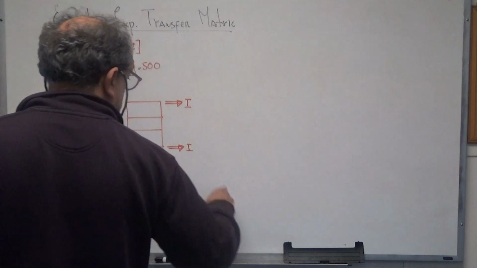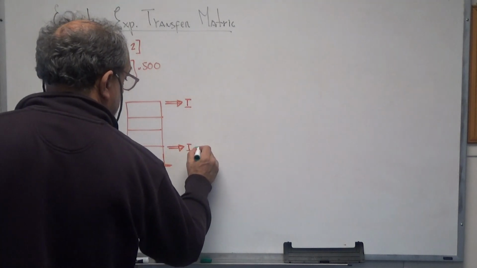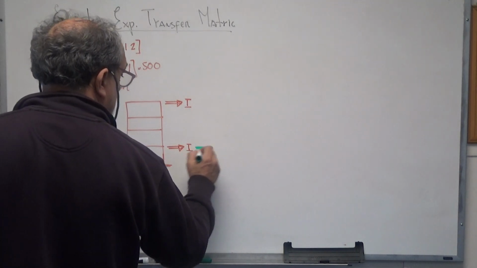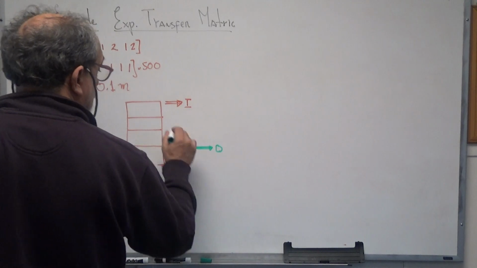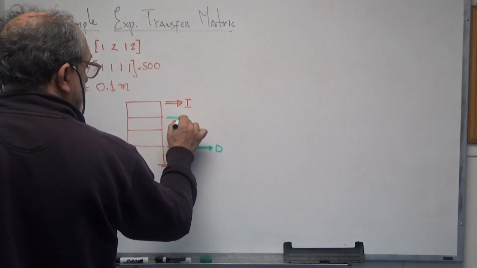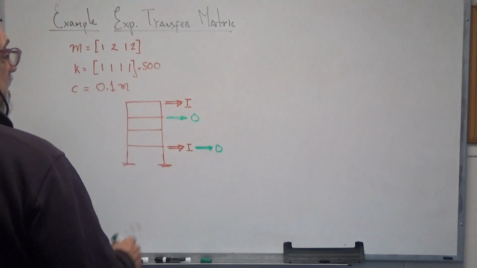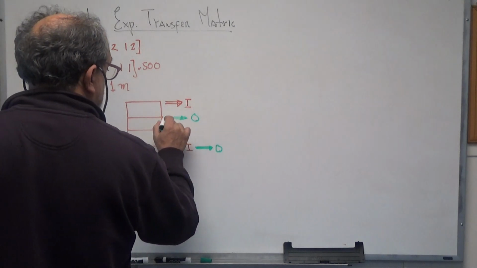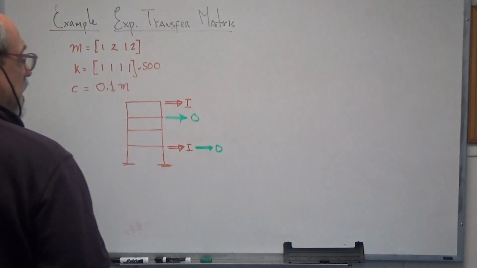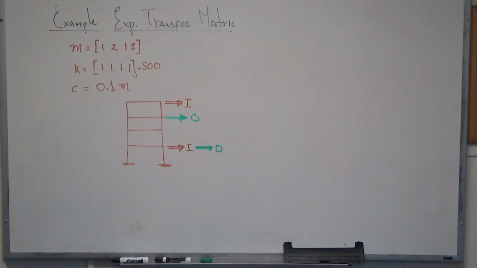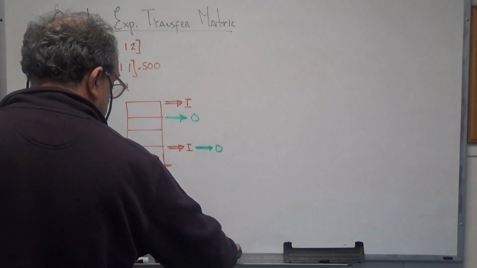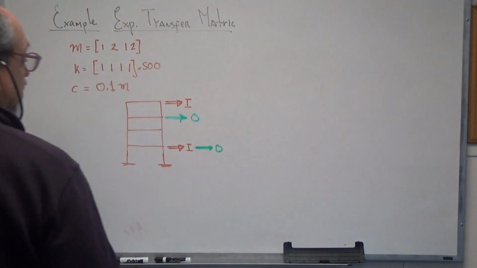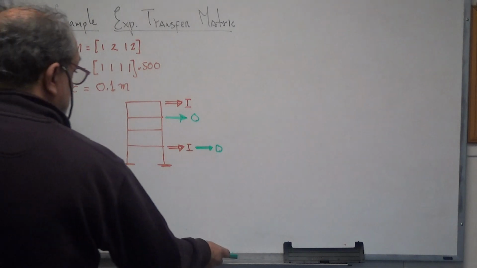So I'll try to put the output in green. So we have an output sensor here, and we have an output sensor here. Okay? In this case, I am going to solve the problem using displacements for those outputs, so that the transfer matrix that we have is from forces to displacements.